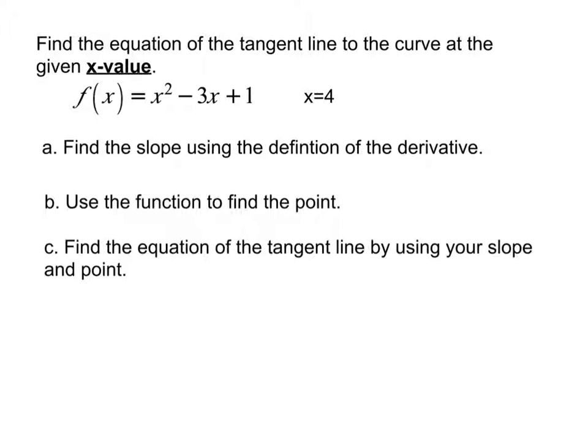All right, so let's check in, see how you're doing on this. So first in this problem, find the slope using the definition of the derivative. In other words, figure out what f prime of x is, and then we're going to plug the x equals 4 in there.